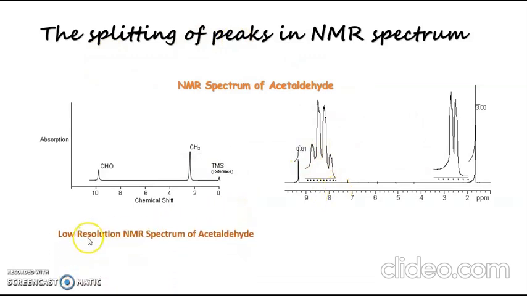The first spectrum is the low resolution NMR spectrum of acetaldehyde, and next is the high resolution NMR spectrum of acetaldehyde. The high resolution NMR spectrum has the advantage that it can make a more clear picture of a molecule. How is it possible?